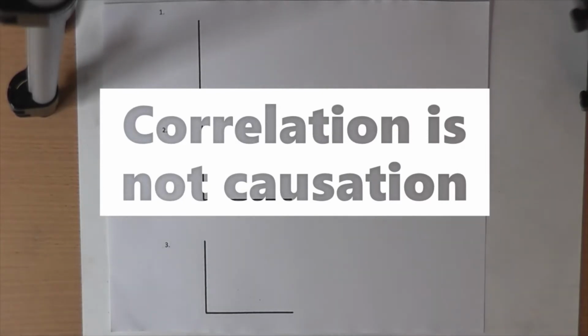It could be that there is a causation, but it could be that they're both influenced by something else. It could be that they're both caused by a third party. Or it could be that the link is just coincidental.